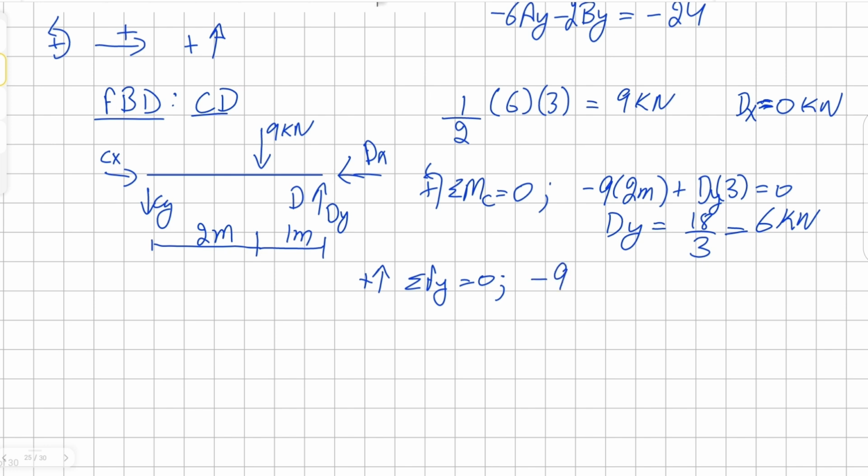We have concentrated load going downwards and our vertical reaction at D going up, so it's positive 6 kilonewton, and then for Cy it's going downwards, therefore negative. Solving for Cy, we get 9 take away 6 is 3, negative Cy equals 3 kilonewton. Multiplying the negative sign on both sides, we get negative 3 kilonewton as our solution for Cy.